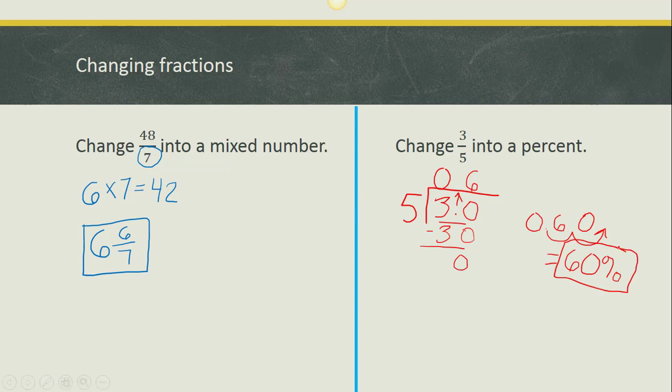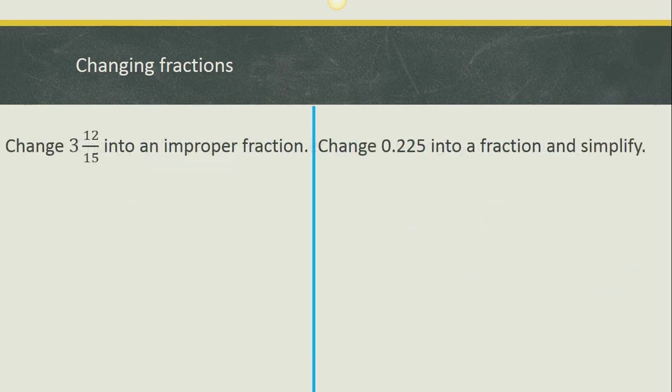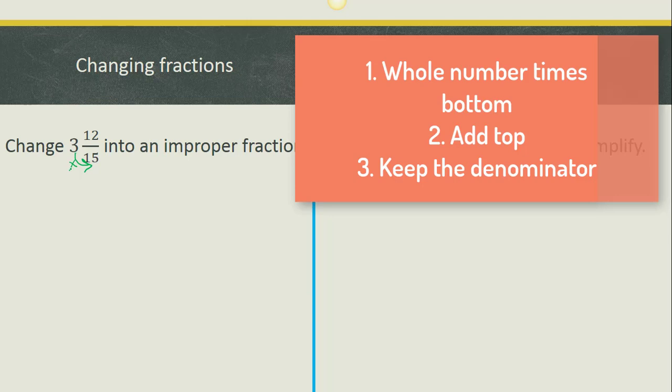Okay, let's try the next page. Here we've got a mixed number and we need to change it into an improper fraction. So in order to do this, I like to say, okay, we've got a 3. I like to draw these arrows here. 3 times the denominator, so we're going to be 3 times 15, and then up to the 12 with adding.